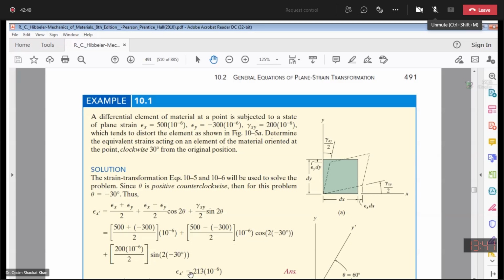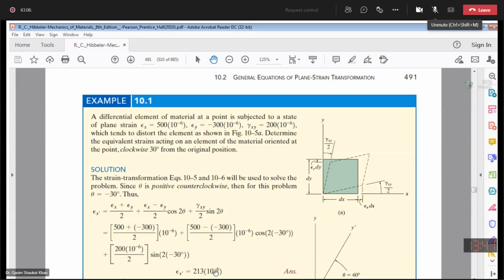This actually represents 0.0002134, so you can see the value is already very small. So we can have just the rounded value. So normal strain epsilon x dash is 213 microstrains.